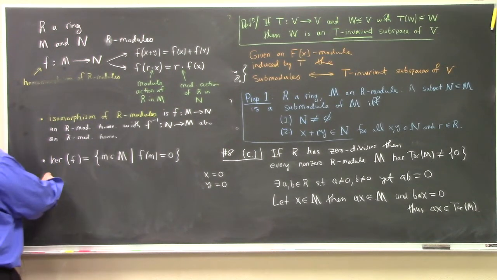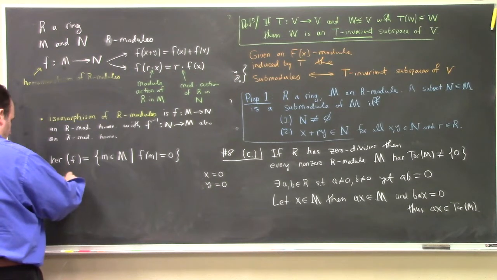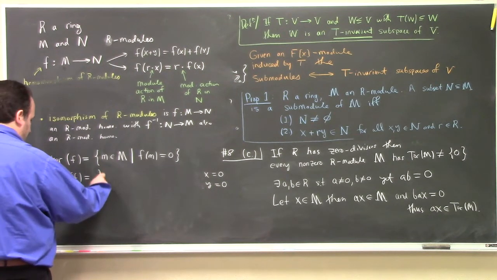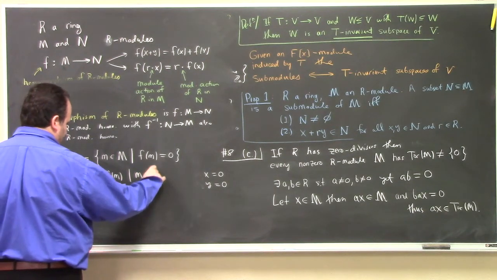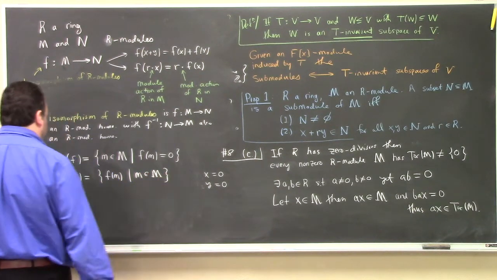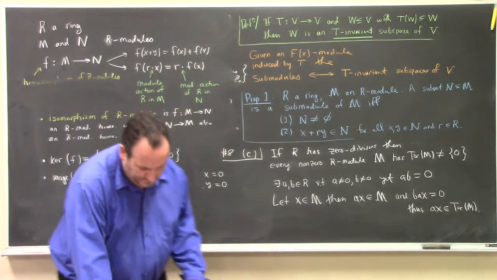And you can talk about the image, which would be f of m such that m is an element of M. And I believe you can prove that the kernel is a submodule of M, and that the image is a submodule of N. I think you can do that.